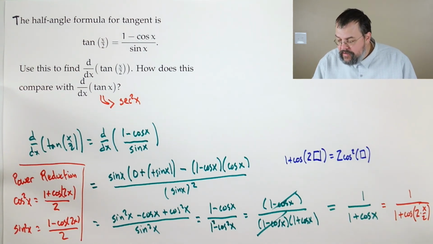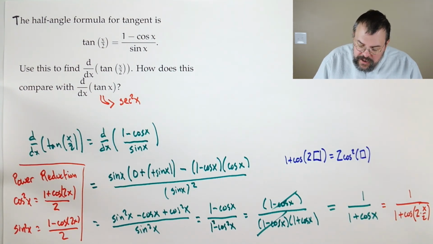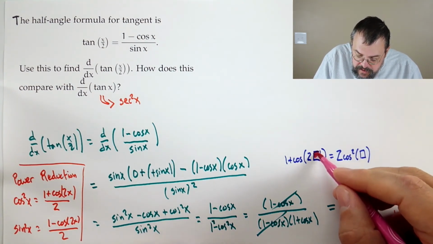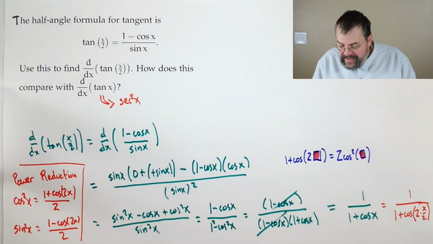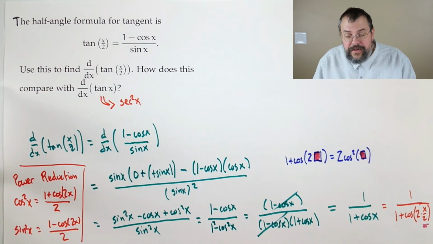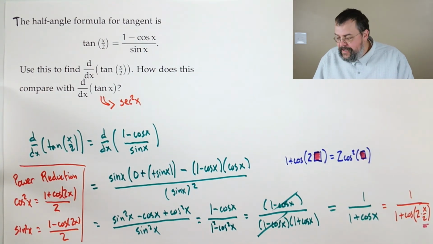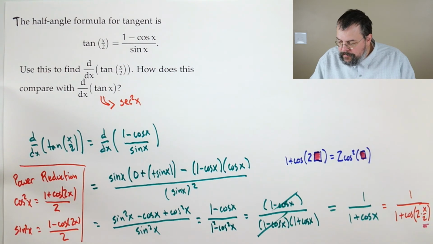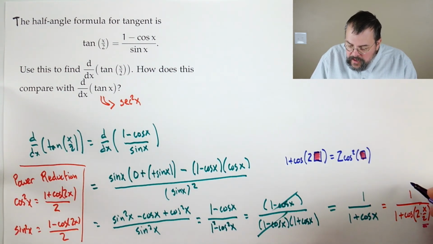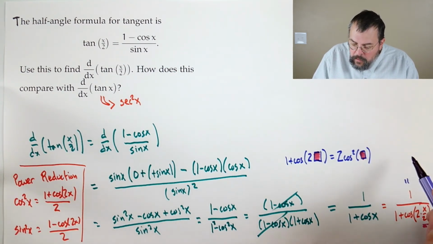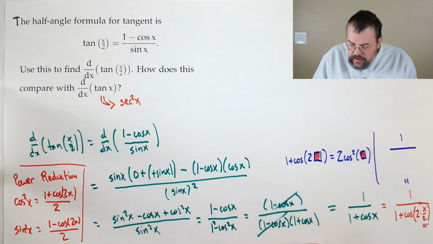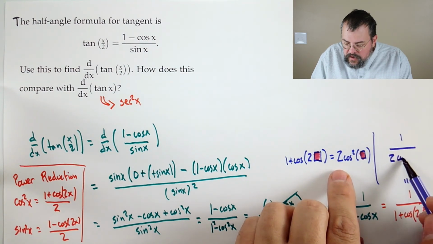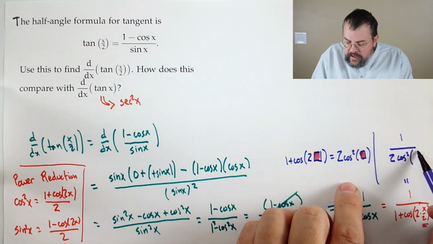So in our case, and really in all cases, when we're dealing with this, the question becomes: what's in the box? What's in our box? It's this thing, the x over 2. So here we go. This is equal to 1 over 2 cosine squared of x over 2.